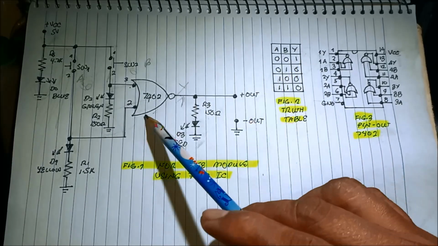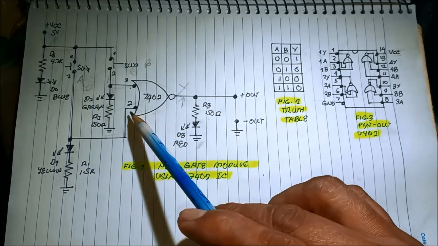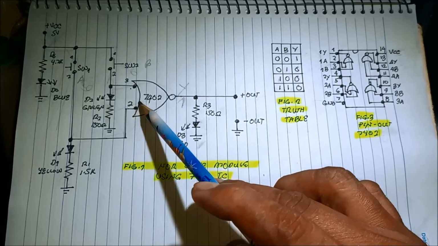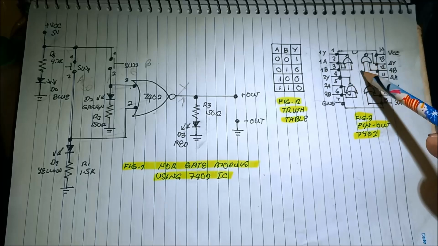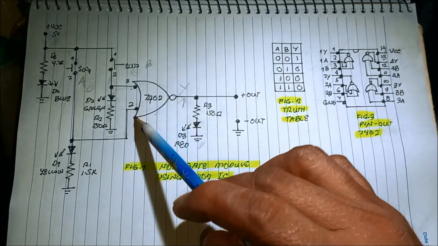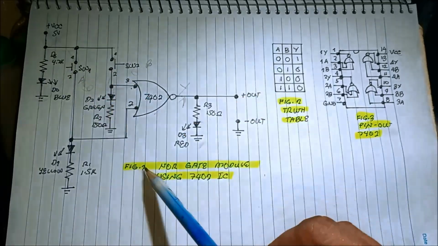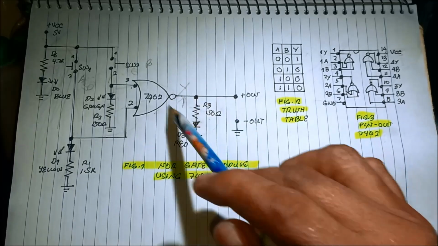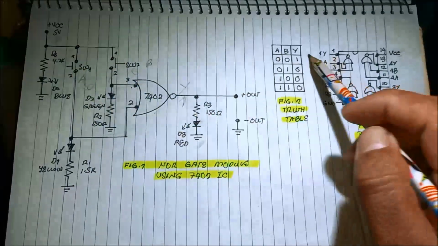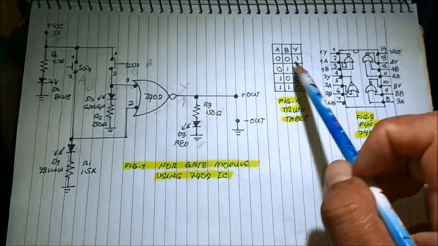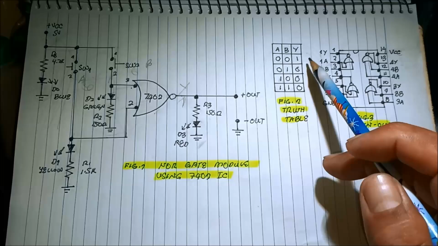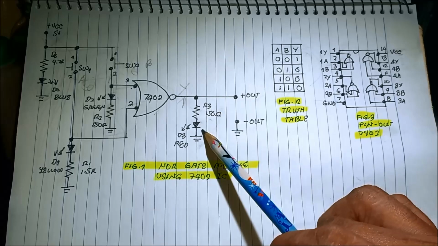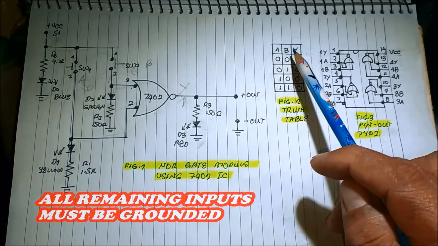This is what we call a 2-input NOR gate, with 4 NOR gates inside the IC. 2 inputs means 2 switches, and the output is just a single output. With the use of the truth table, we may know the condition of the circuit, whether the output is on or off. So the only time that the output is on is by not pressing the switch.